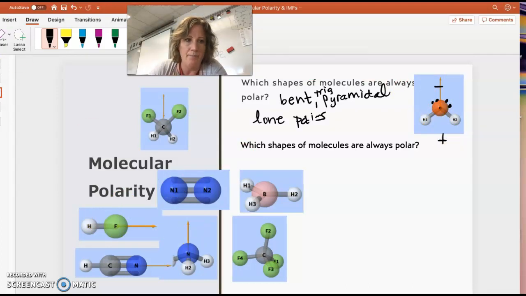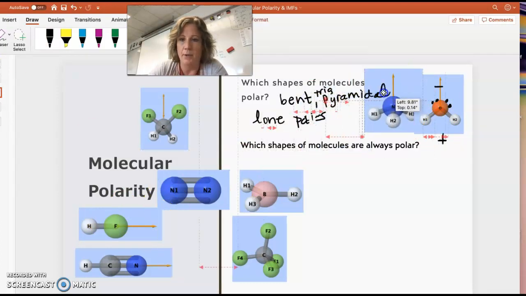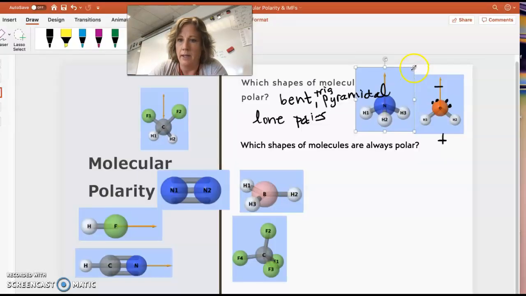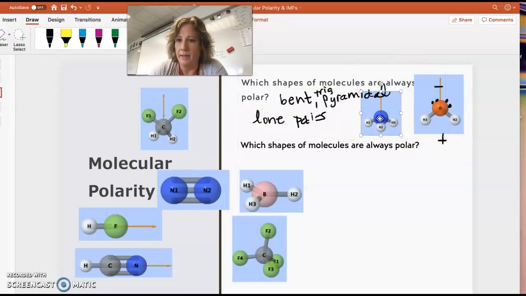Pyramids are the same or similar. So a pyramid, again, you can't see it with the PHET, but we know that when we draw a pyramid, there's a lone pair sitting up here. Very negative. So that end of the pyramid is always going to be negative. The other end is positive, which makes it always polar.